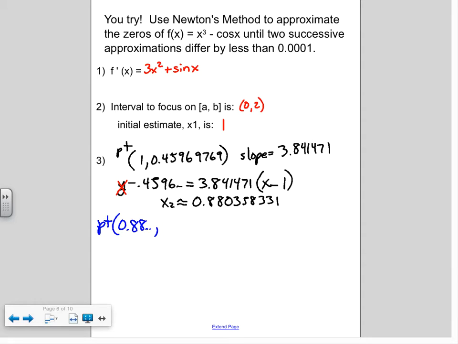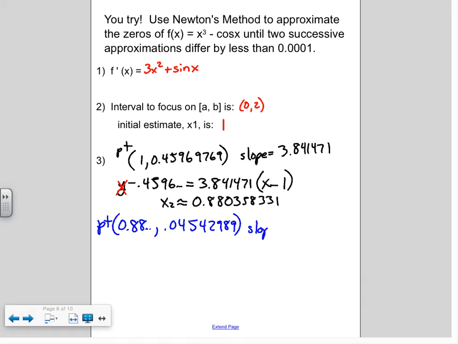Plugging that into my graph, we get a y value of 0.04542989.